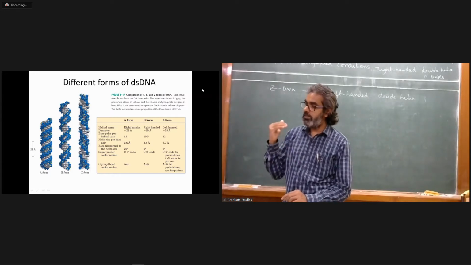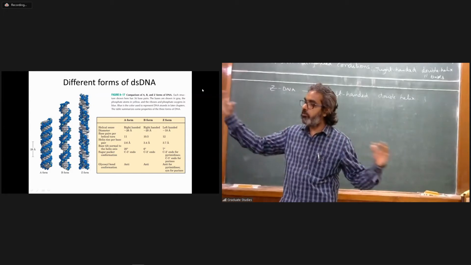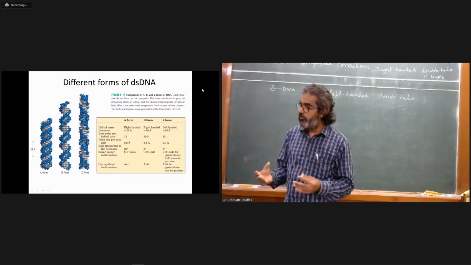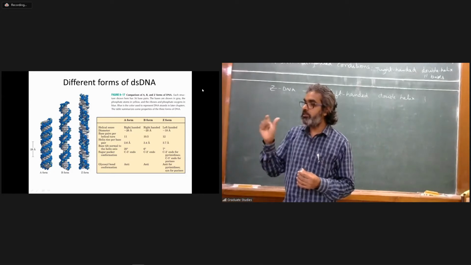If you have a very long double-stranded DNA, it's not that the entire double-stranded DNA needs to be in B form. Locally, let's say 5 bases or 10 bases can actually get this Z form. Only local changes need to occur to change the helicity.